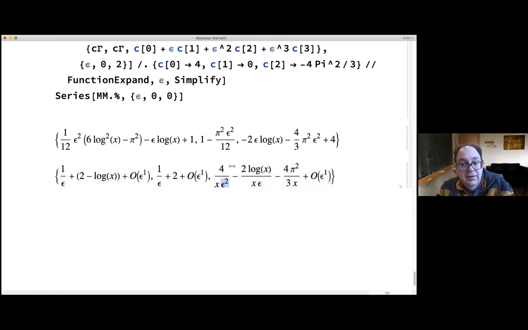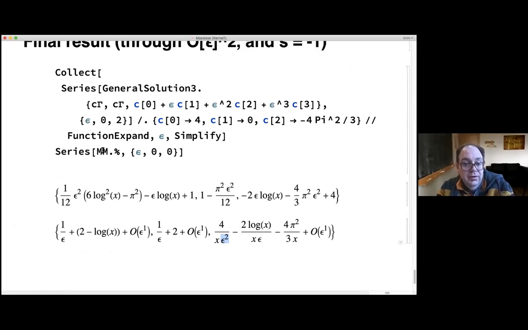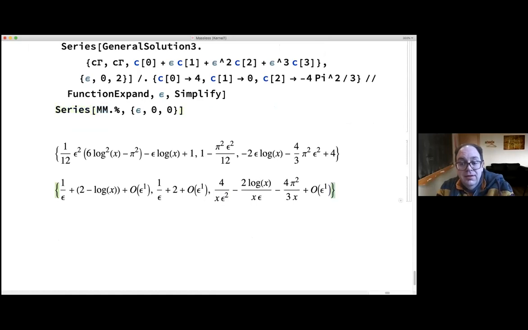Now, with the correct normalization and everything, because I put back all the rotations that I made, this would be the solution of the differential equation with the correct initial condition. And you see, in order to fix the initial condition, I did not have to compute any value of the integral at any point. I just used the fact that physics tells me that there should be no singularity at u equal to 0, which corresponds to x equals -1, and that was enough to fix the initial condition. And in many cases, that works like that. So just by using physical input, you can fix the initial condition.